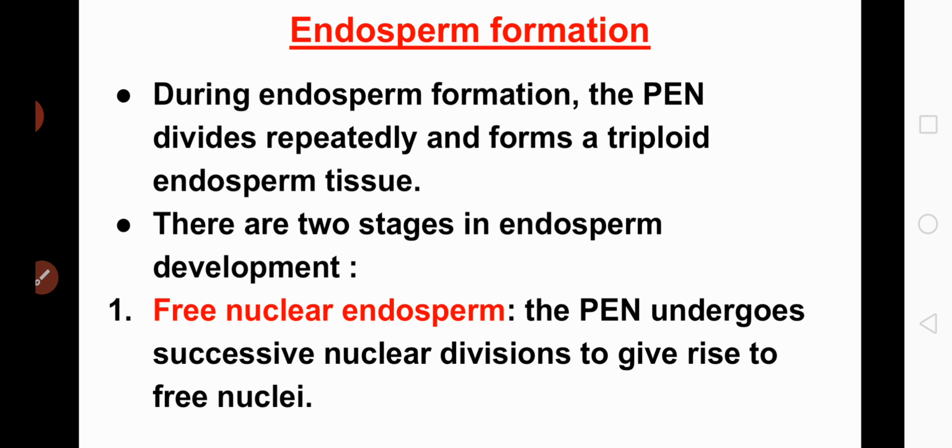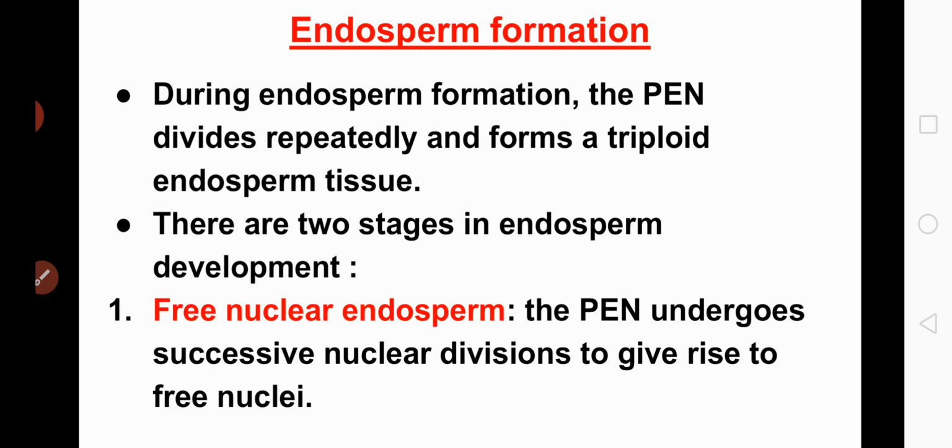So here only nuclear division takes place, and cytokinesis does not take place. An example for this free nuclear endosperm is coconut water, the liquid endosperm.